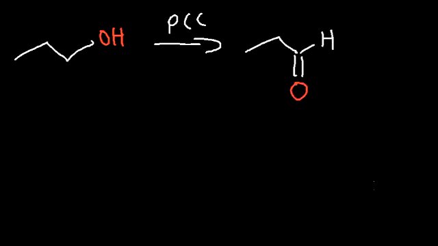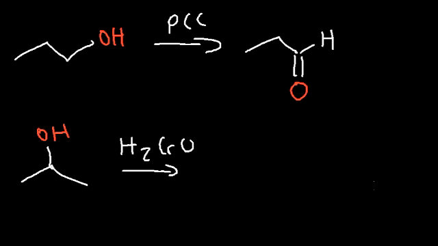Now, let's say you have a secondary alcohol, and you use another oxidizing agent, it could be PCC or even chromic acid, you can oxidize the secondary alcohol into a ketone. So that's one simple way of how you can make an aldehyde and a ketone.